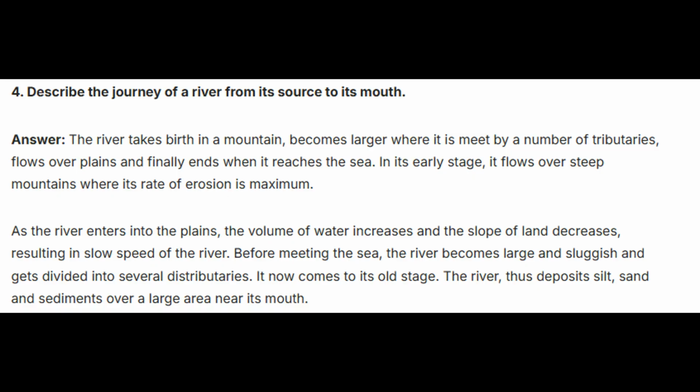As the river enters into the plains, the volume of water increases and the slope of land decreases, resulting in slow speed of the river. Before meeting the sea, the river becomes large and sluggish and gets divided into several distributaries. It now comes to its old stage. The river thus deposits silt and sediments over a large area near its mouth.